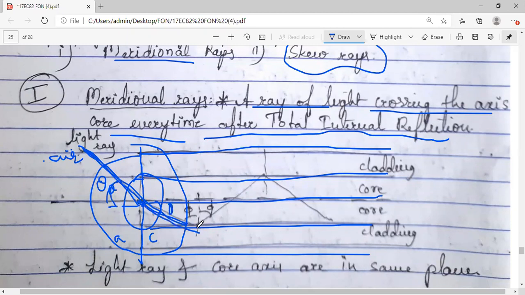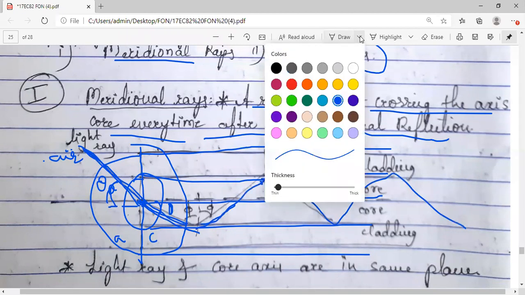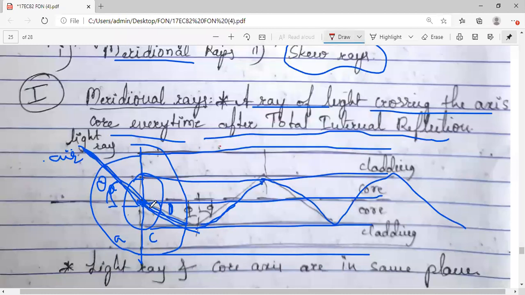Once it gets refracted, reflection occurs again here. It hits this boundary interface and goes in this way. So if you observe the path of the ray, after every total internal reflection at these points, the red dots, the ray is crossing the axis.